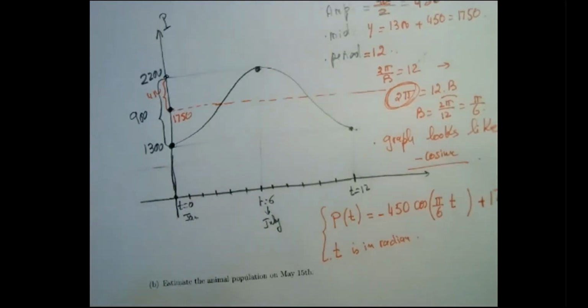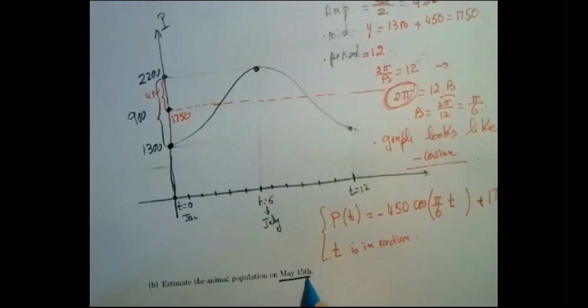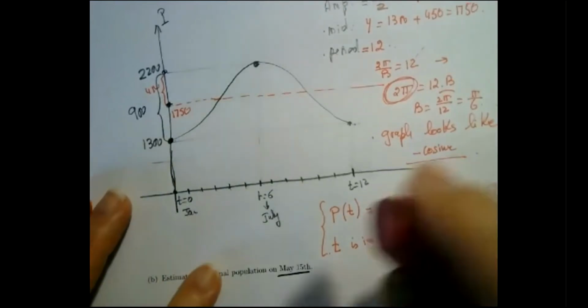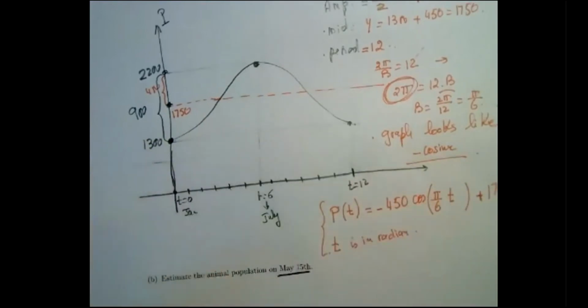Now I'm asking you, estimate the population on May 15. Now that I have an approximation, what is the population on May 15? How do we do that? What's t on May 15?